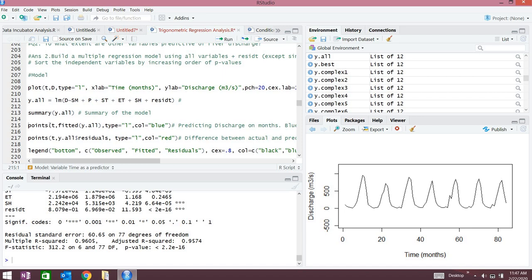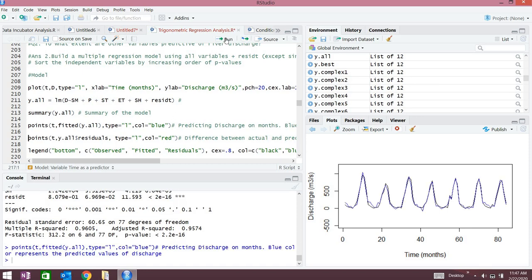We do the same. We plot the fitted values for y dot all dot fitted, y dot all, type L, color blue. I kept everything the same colors. Black is for observed, blue for predicted, and red for residuals.